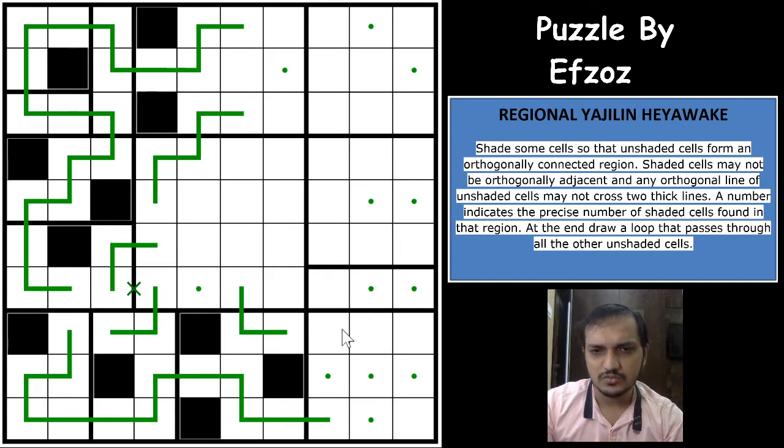So let us see if we are getting anything here. Okay, possibilities are one of these two cells will have to be a shaded cell again, because both of these cannot be unshaded. So if I shade this cell, this goes this way and nothing much here.